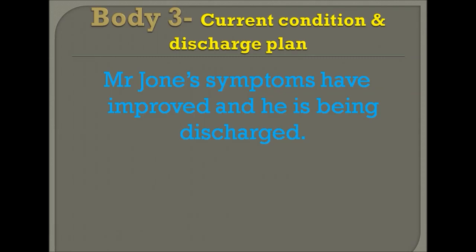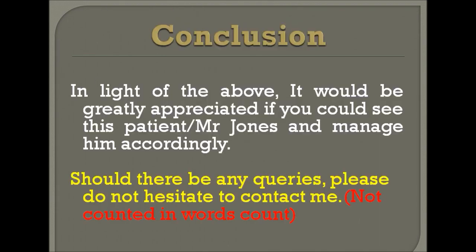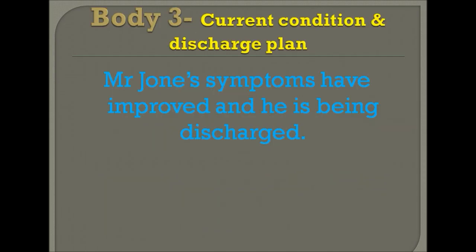In this paragraph we can write like Mr. Jones' symptoms have improved and he is being discharged today, or he is to be discharged today. Okay, this you will write in paragraph 3.